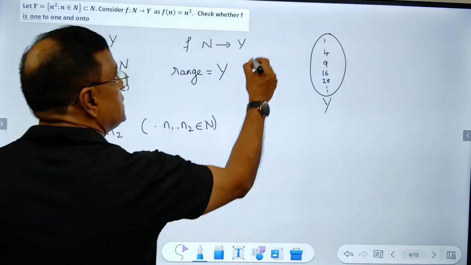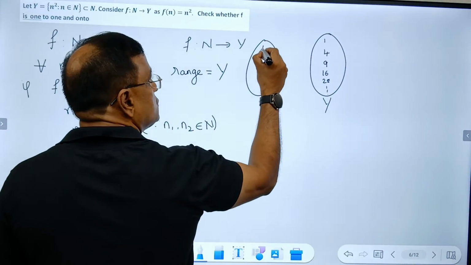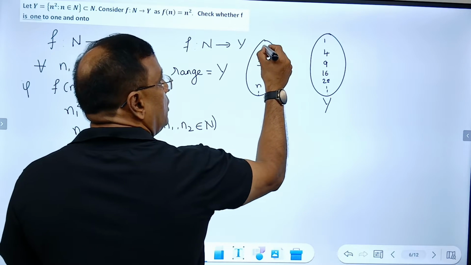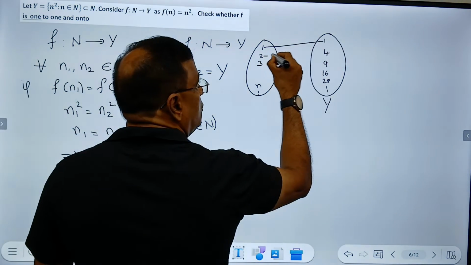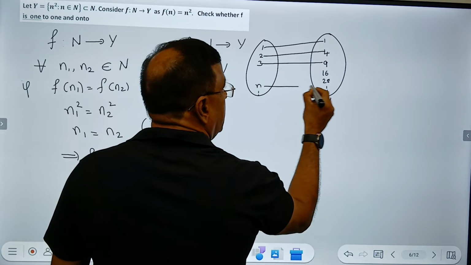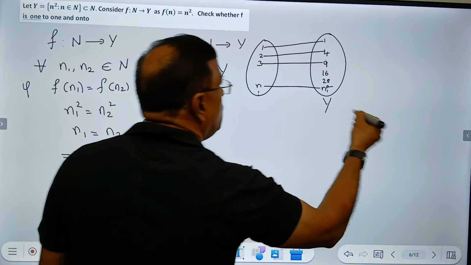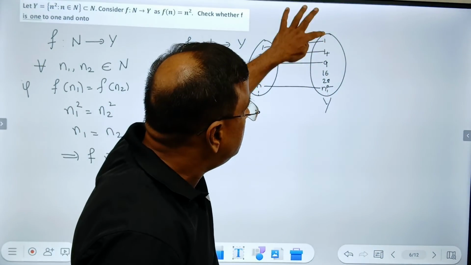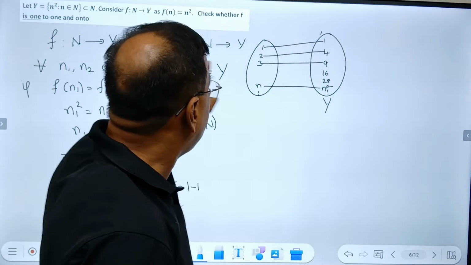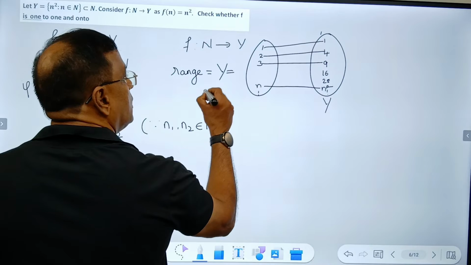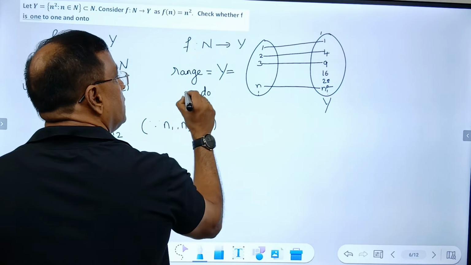See, for example, if I take natural numbers 1, 2, 3 up to n and so on, 1 goes to 1, 2 goes to 4, 3 goes to 9, n goes to n square and so on. Okay. So every element here gets mapped. So my range will be y. My range is also equal to the codomain.